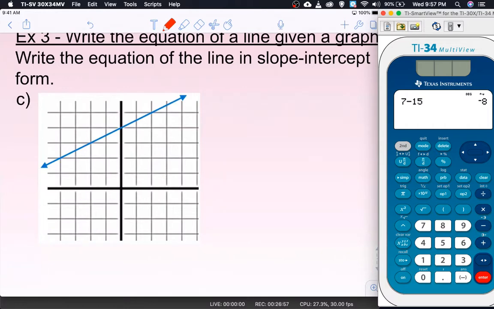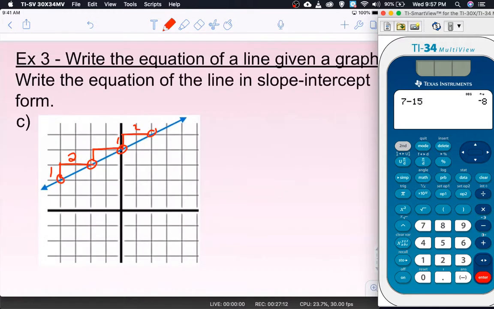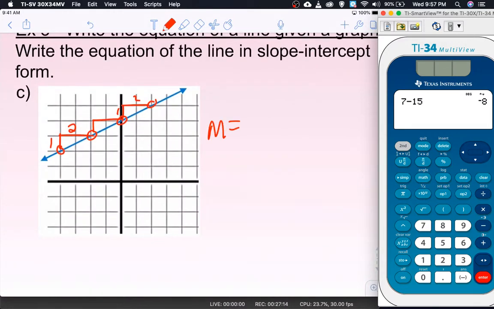All right, so let's see. You may have found, hopefully, each of these points. The slope, the rise over run, is up 1/2, 1/2, 1/2. So I'm using a slope of 1/2.